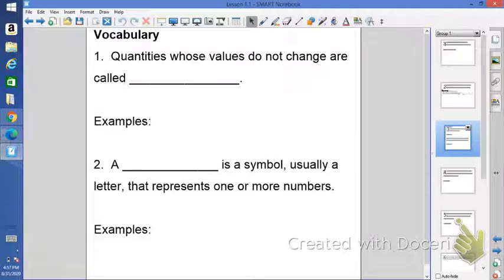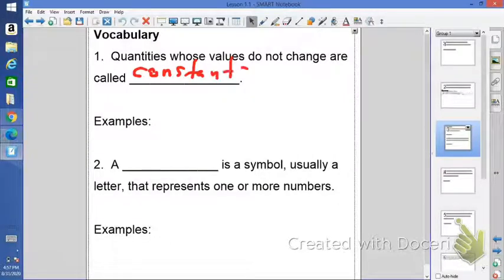Alright, some vocabulary. Quantities whose values do not change are called constants. Examples of a constant are just any number. So 3 is a number, 10, 200, those are all constants.